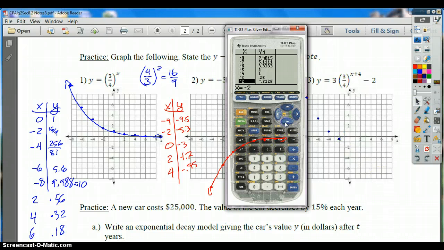Let's shift this down. Let's get 0 up here. One too far. So 0, we're at about -1. 2, we're at -1.5-ish. 4, we're at -1.7. Okay, now it's starting to level off.